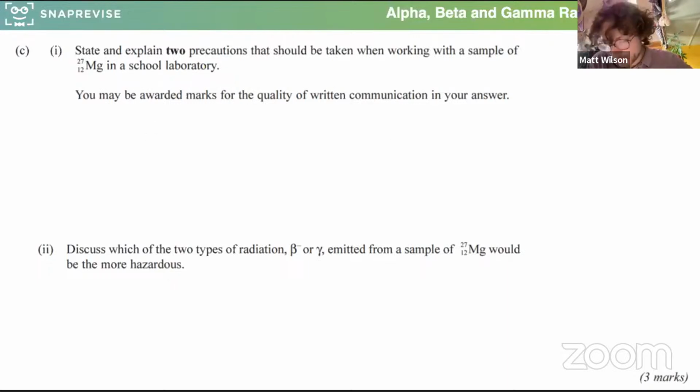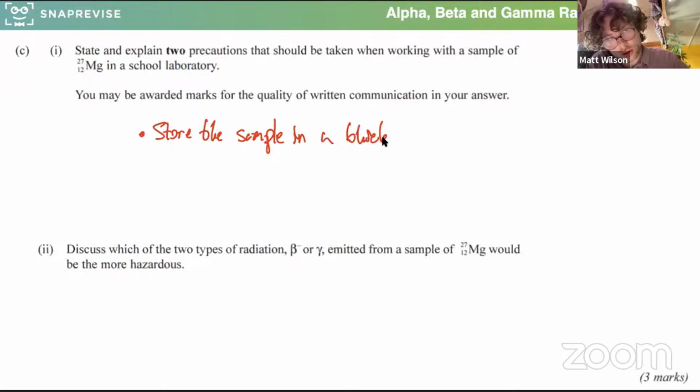Let's go for storage. I think keeping it in a thick lead container, that's a classic. So store the sample in a thick lead container.